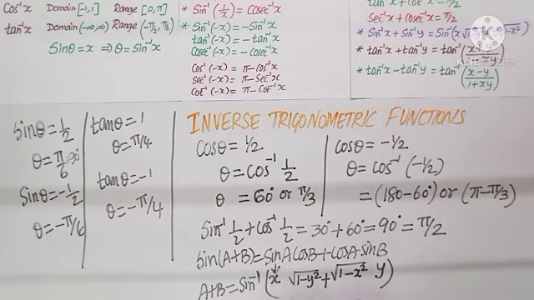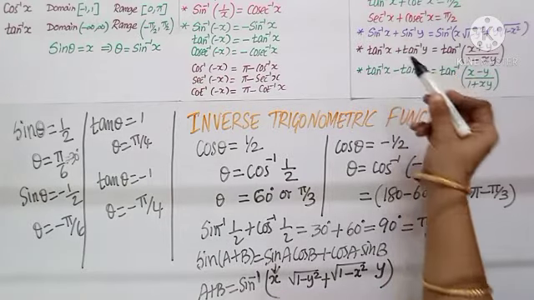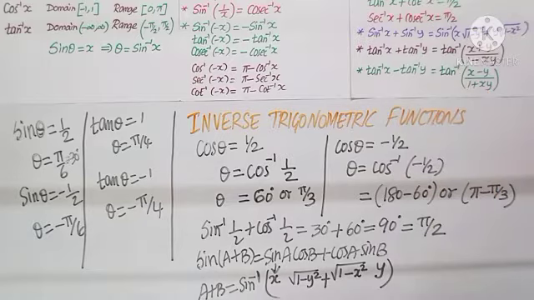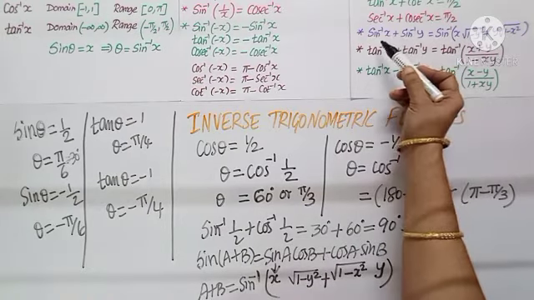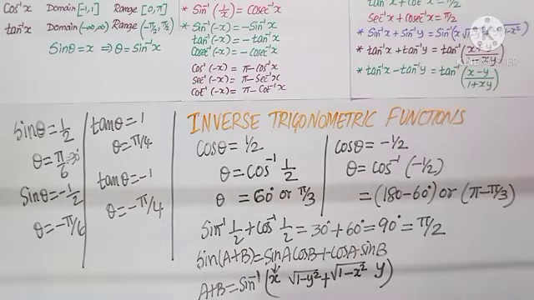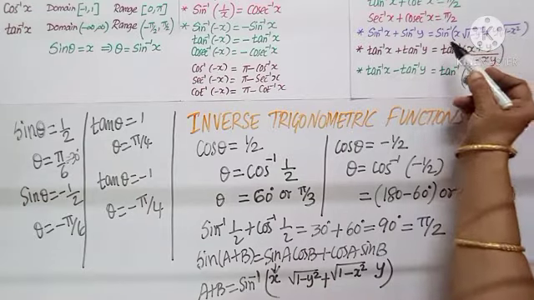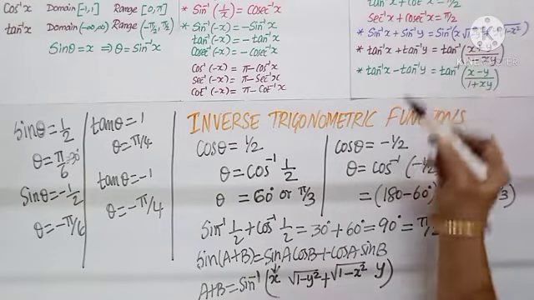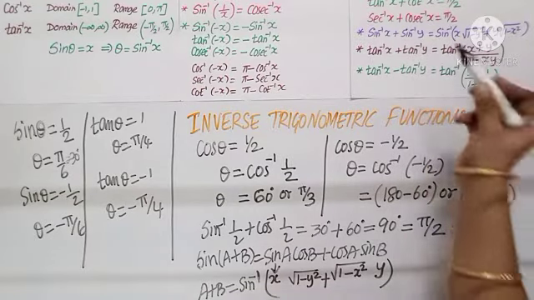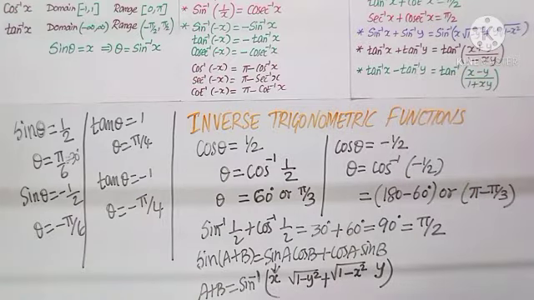Combining this, from sin A plus B reversed into inverse, we have sin inverse x plus sin inverse y is sin inverse of x root of 1 minus y square plus y root of 1 minus x square.